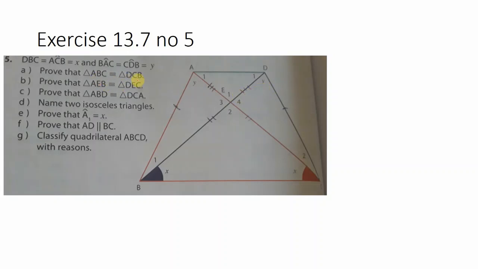Let's compare angle B and C. So angle B in the blue one is C to the red one, that was given to us. Now angle C equals B, that was also given to us. Let's look at the sides. Side AB is equal to DC. Now that wasn't given to us, so let's go and fill in those details.